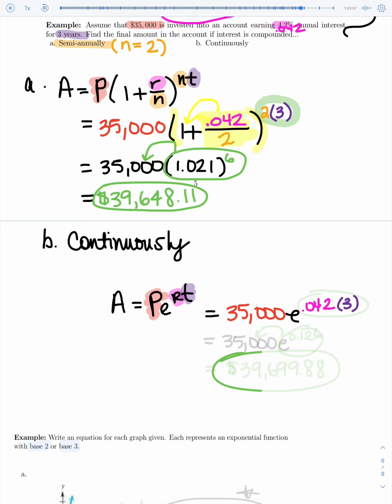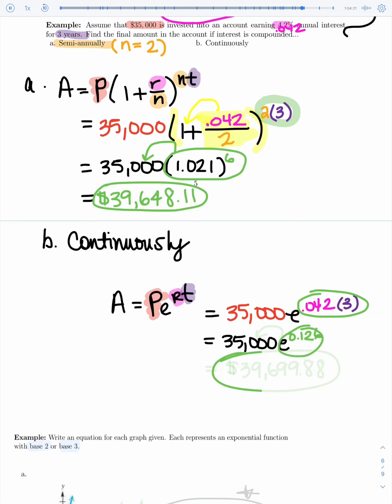So mathematically speaking, what I should be doing is simplifying this exponent first, doing the 0.042 times the 3 first. Well, if I go ahead and do that first, I'm going to leave the 35,000 and the e the way it is for right now. When I multiply the 0.042 and the 3, I'll get 0.126.